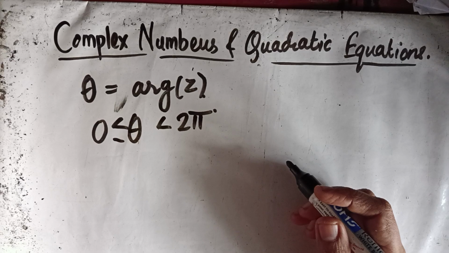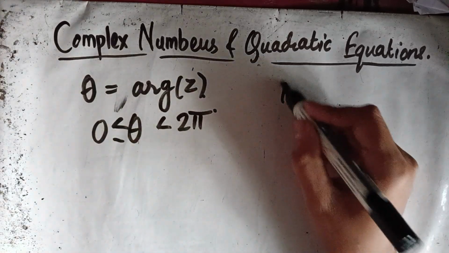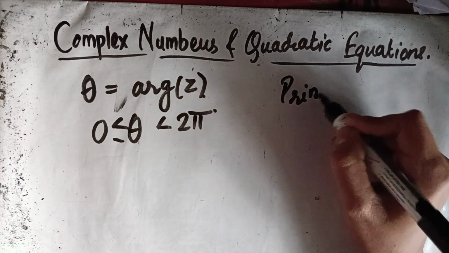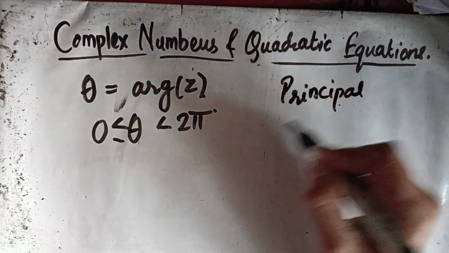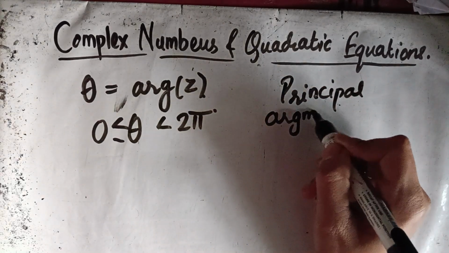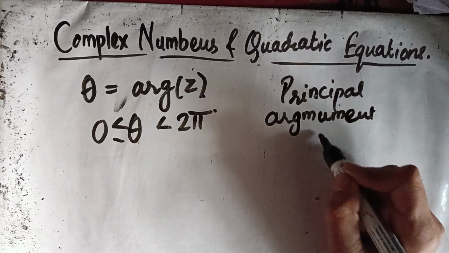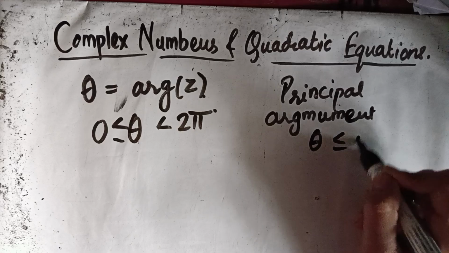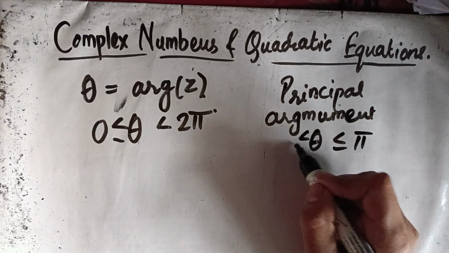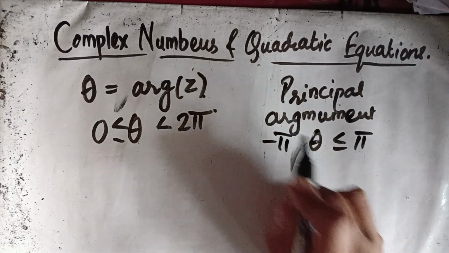If we take the principal argument, is the value of theta between positive pi and negative pi.